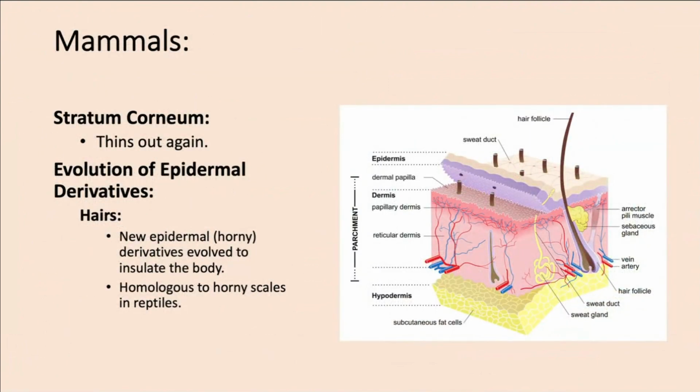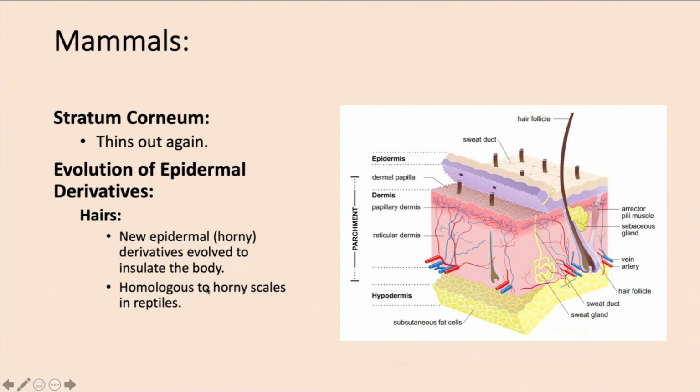Now the mammals. In mammals, the stratum corneum, which we said was the top layer, becomes a little bit thinner. And we develop hair for the first time, as we said, and this hair is known as a horny derivative, because of the structure and the way that it protrudes out of the body.